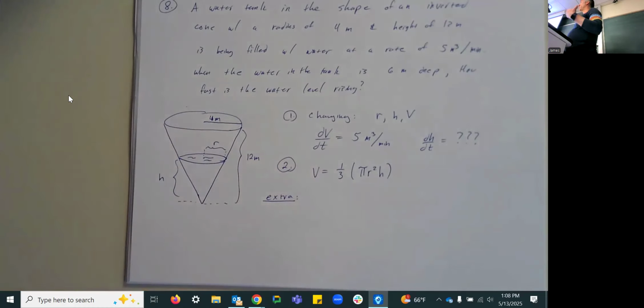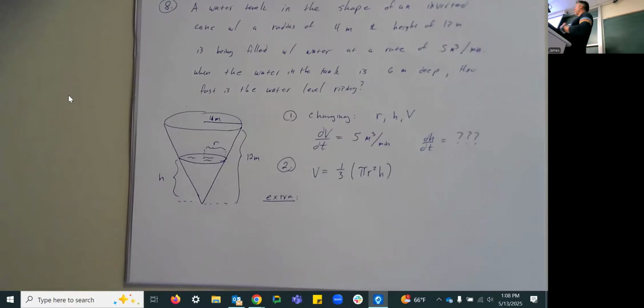Now, here's what's nice about this cone. We already know what proportion the radius is to the height. The radius is 4 meters, the height's 12 meters. So I would say the radius is 1/3 of the height. And that's accurate. It feels almost too straightforward sometimes.